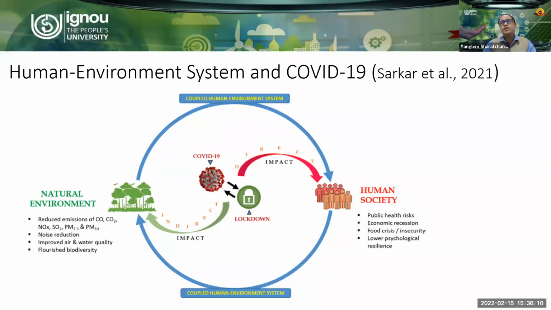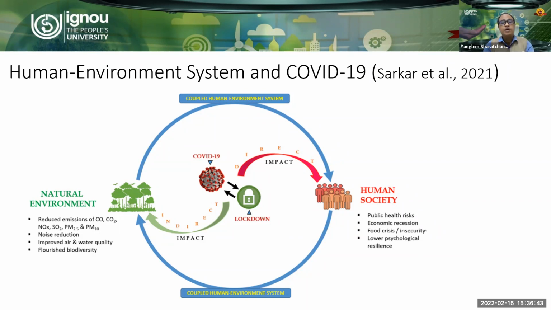Let us explore how we can look at the human environment system in this era of COVID-19. Here, you will see what kind of lesson we can learn from this unfortunate pandemic. When lockdown happened last year, what impact did we see on the natural environment?